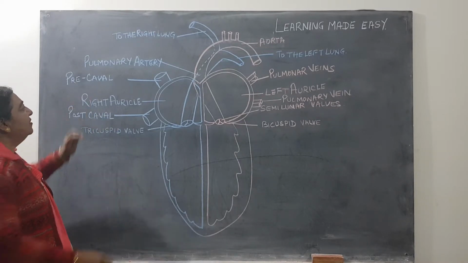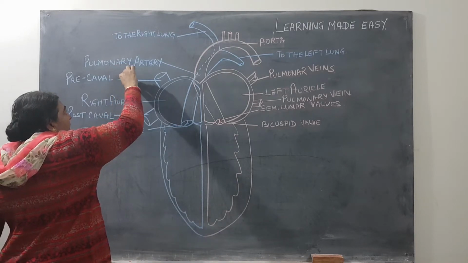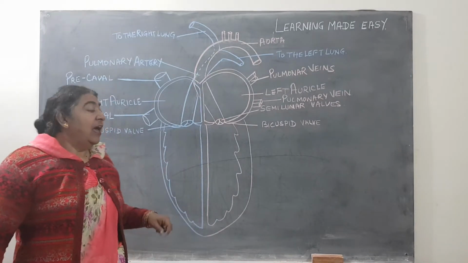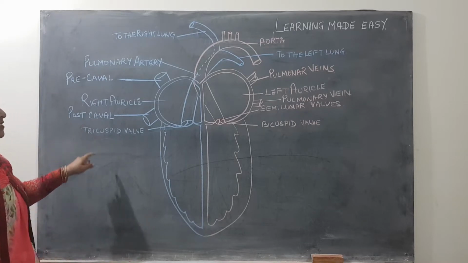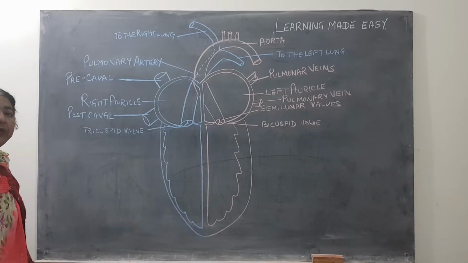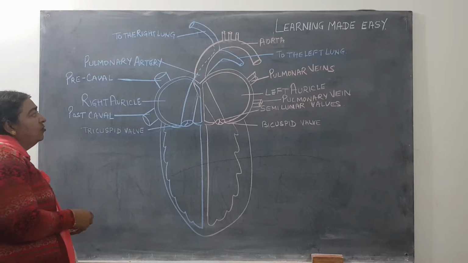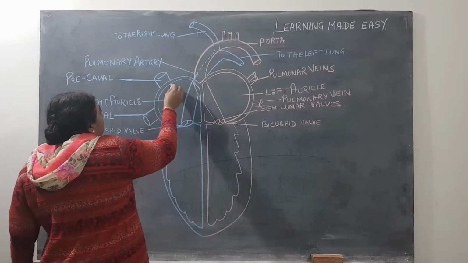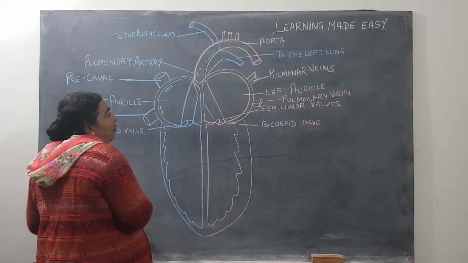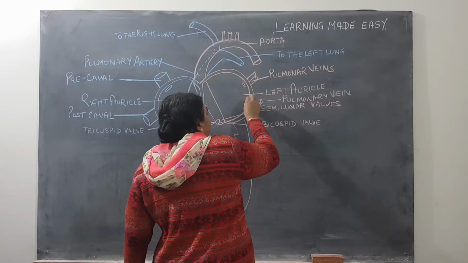The precaval receives blood from the upper part of the body. When I say upper part, I mean upper than the heart. And the postcaval receives blood from the lower part of the body, that is from the toe, beginning from the toe of my body till the heart. Now these two, they open in the right auricle, while the pulmonary veins, they open into the left auricle.